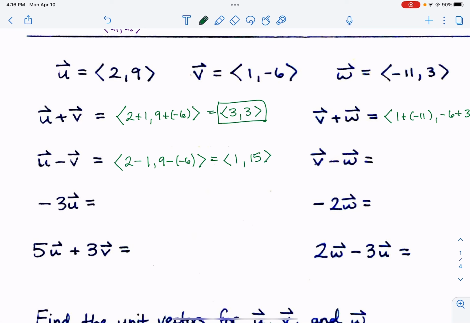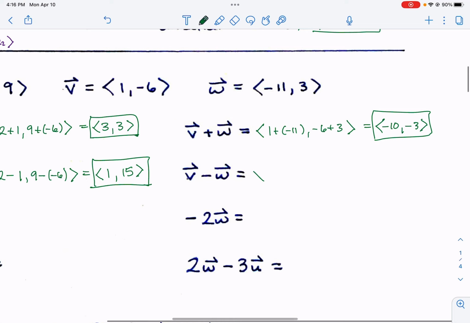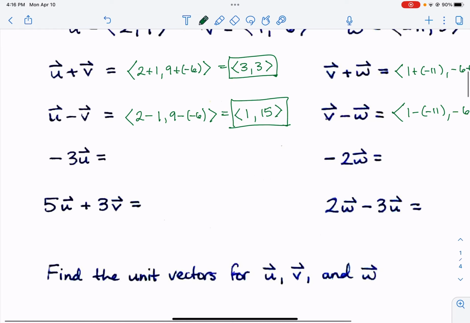So now this is going to be 1, comma 15. v minus w: 1 minus negative 11, negative 6 minus 3. Feel free to pause the video and go back and make sure you understand how I'm doing some of these. I'm just going fast so that this video is not like an hour long or anything. So 12, negative 9.